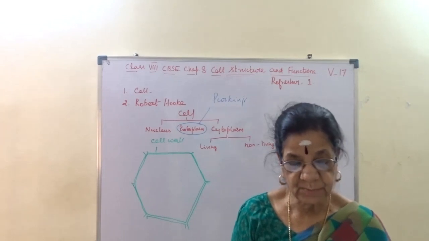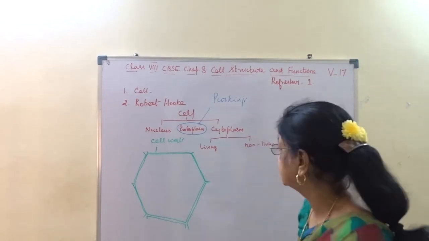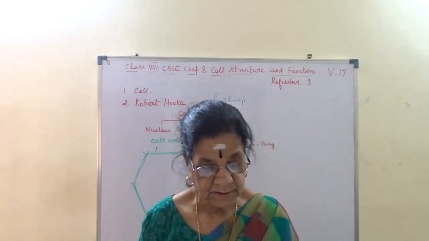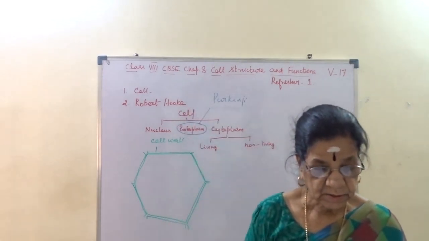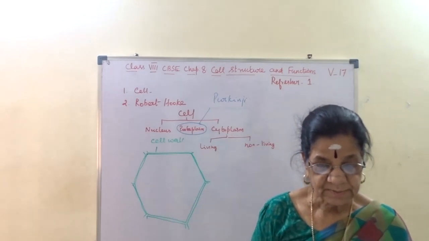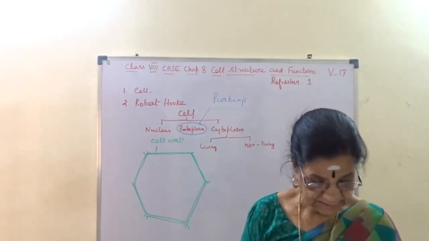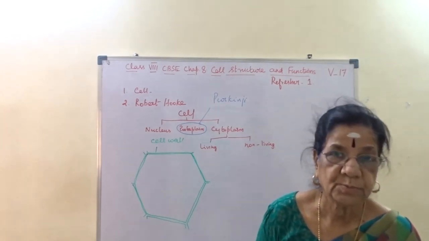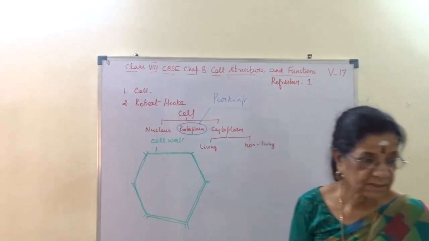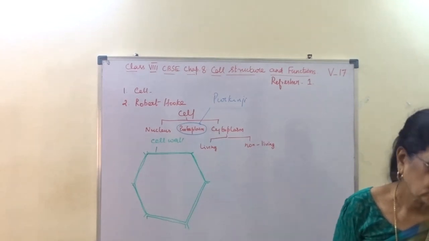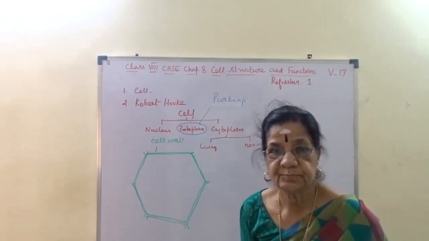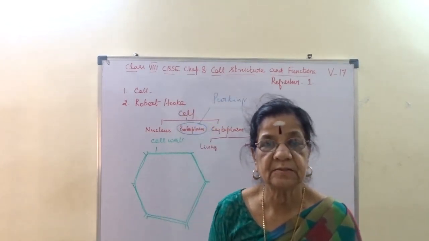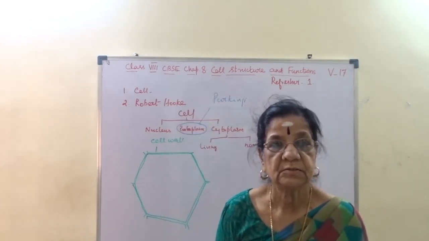The plasma membrane is porous and allows the movement of substances or materials both inward and outward. I hope you understand. We'll just continue.